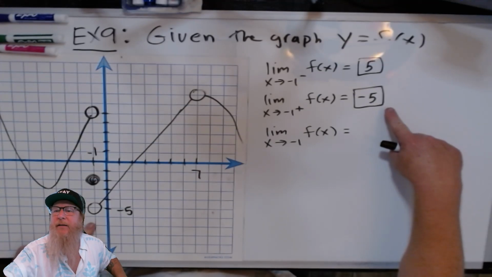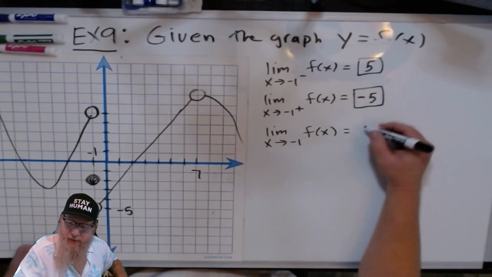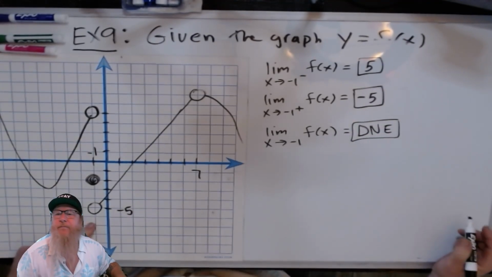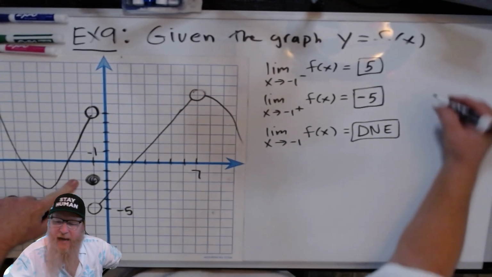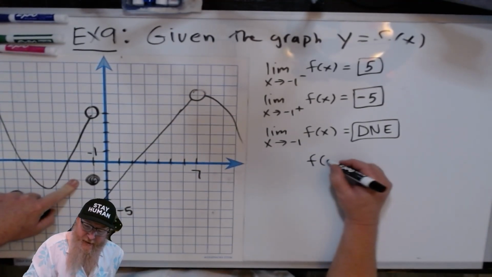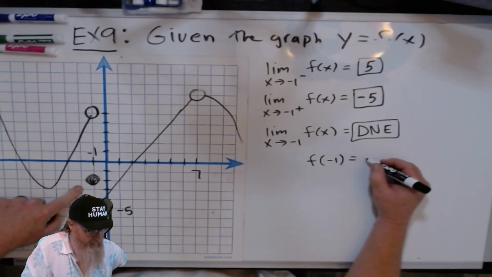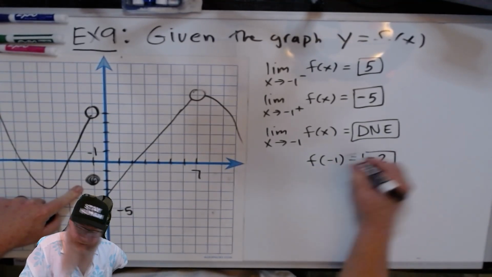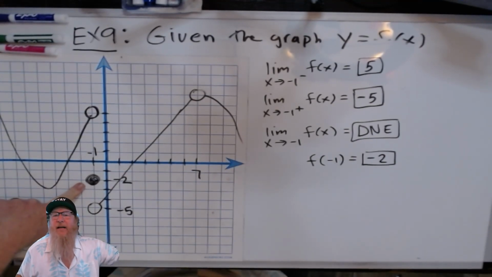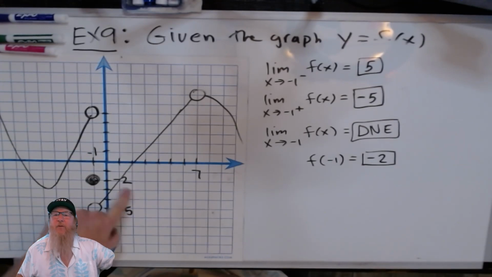They're not equivalent. They're not identical, so that means the limit does not exist. Okay, but since there's a solid dot, f of -1 is -2 because there is a solid dot at y equals -2.